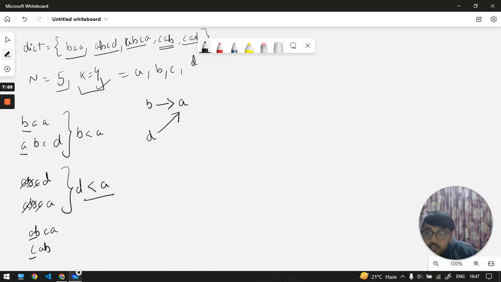Their first letter mismatches, which concludes that A is less than C, which means A is coming before C. So the directed edge should be A to C. If you know topo sort, then it will be pretty easy for you to understand what I am doing.